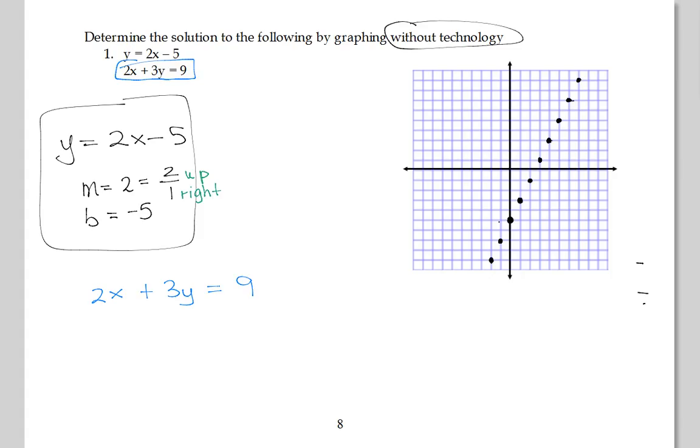Isolate. So where's that 2x got to go? Okay, so what do you have on the right? Negative 2x plus 9. Good. And now what do I divide by? 3. So then I have 2 on top of 3x, and then 9 on top of 3. 9 divided by 3 is a nice one. You get 3.